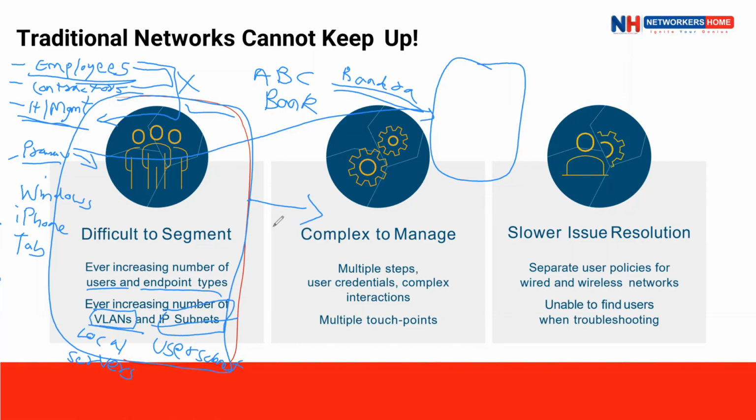And the ultimate thing is it becomes very complex to manage. We have multiple steps, multiple user credentials, one for logging into the network, one for logging into the server, complex interactions, multiple touch points. This is nothing but the configuration I have to do specific to my user.